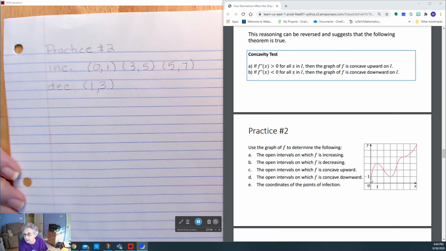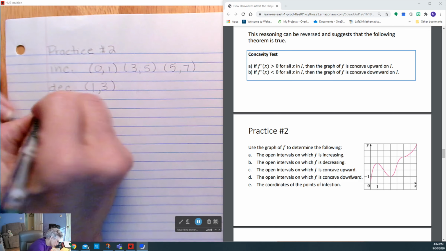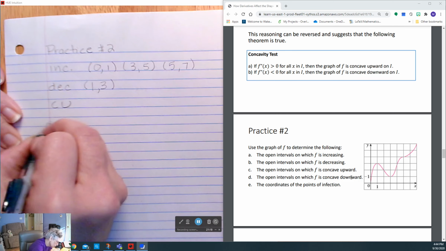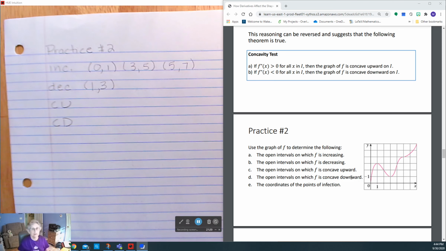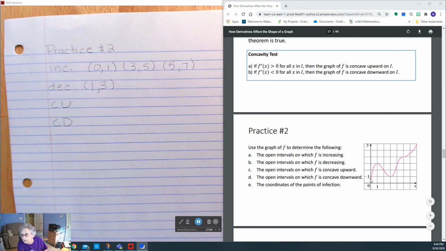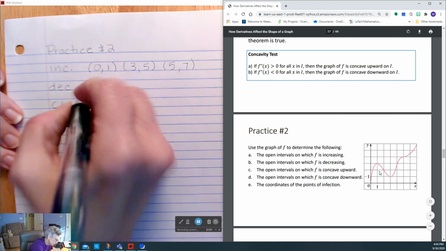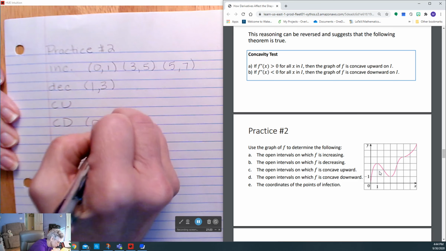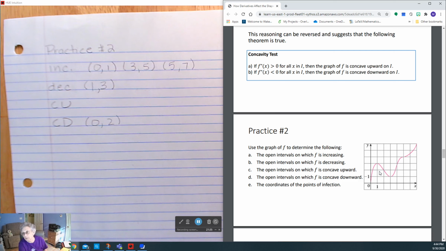Now, where is it concave up and concave down? I'll put CU for concave up, CD for concave down. Concave down from 0 until 2. It looks frowny.